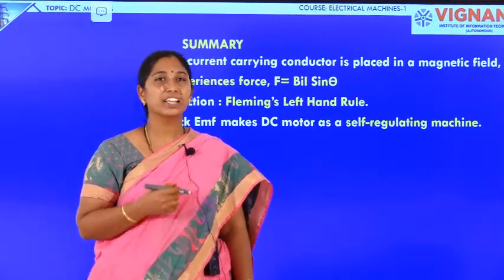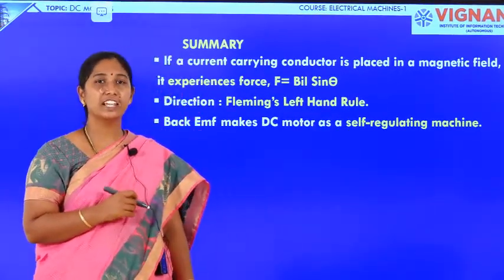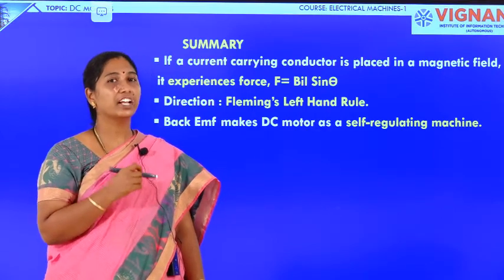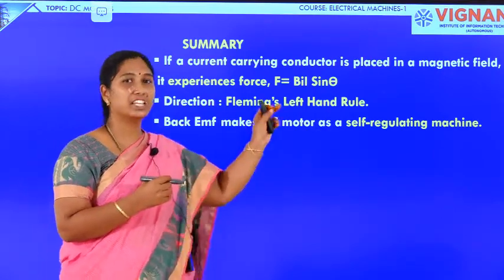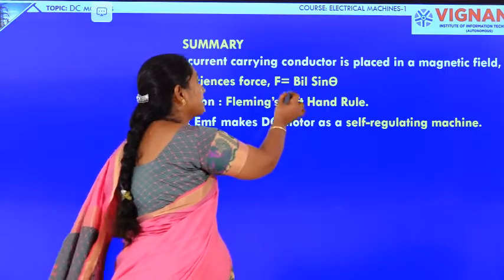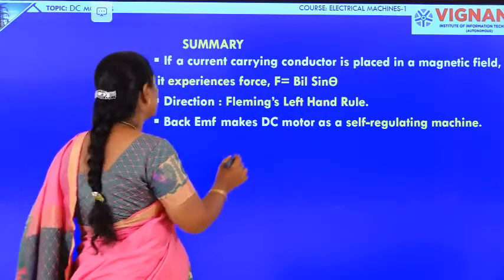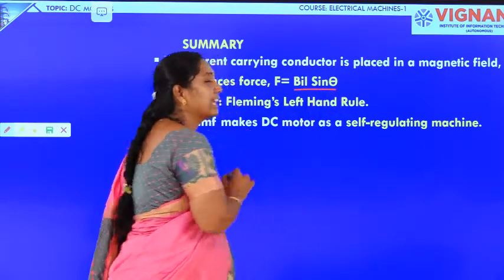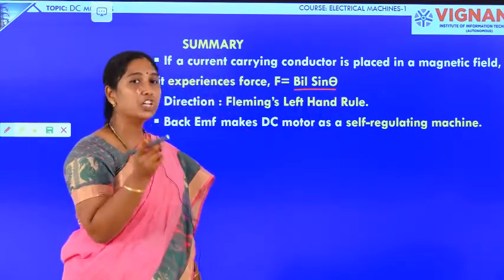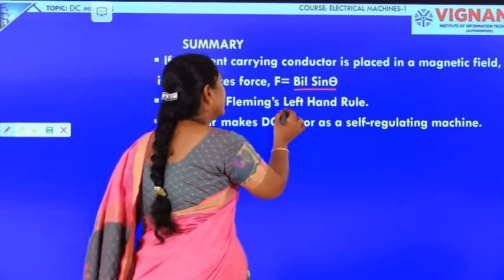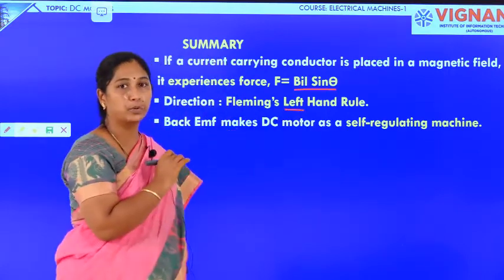Now, let us look at a summary of this lecture. In this lecture, we have seen that whenever a current carrying conductor is placed in a magnetic field, it experiences a force, and the magnitude of the force is given by BIL sin theta. The direction of the force experienced is given by Fleming's left hand rule.